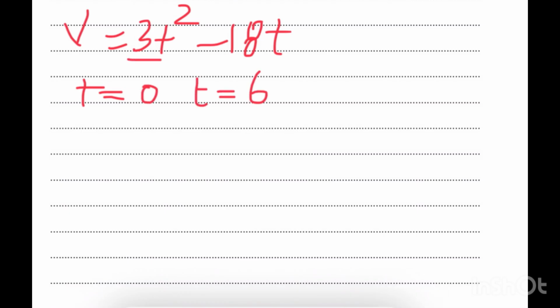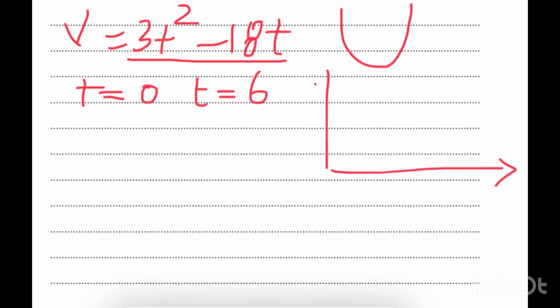This is a quadratic equation, so it will probably look like this. When we draw a velocity-time graph, this is velocity and this is time. Let's say this is t equal to 0 and this is t equal to 6. Let's take any value between t equal to 0 and t equal to 6. Let's say t is equal to 3.